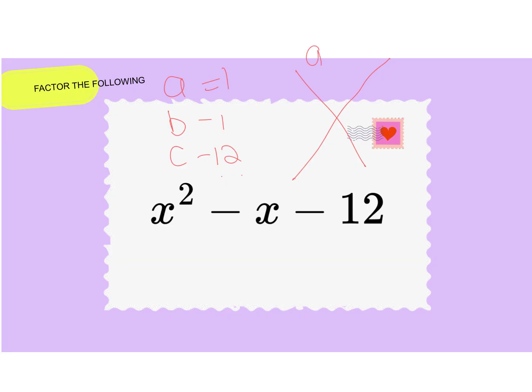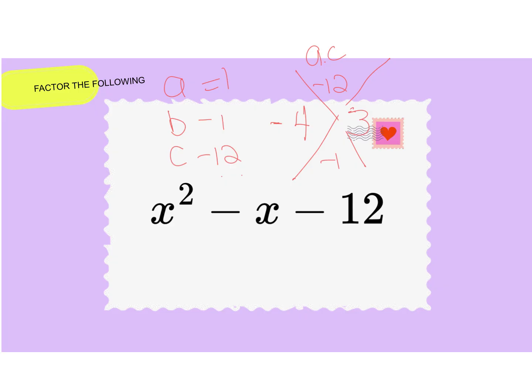Remember up top, A times C. We know A times C is negative 12, B is negative 1. So now we need to find two factors that will multiply to give us negative 12, but will add to give us negative 1. So I know 4 and 3. One of those has to be negative because I have a negative on the 12 and a negative on the 1.